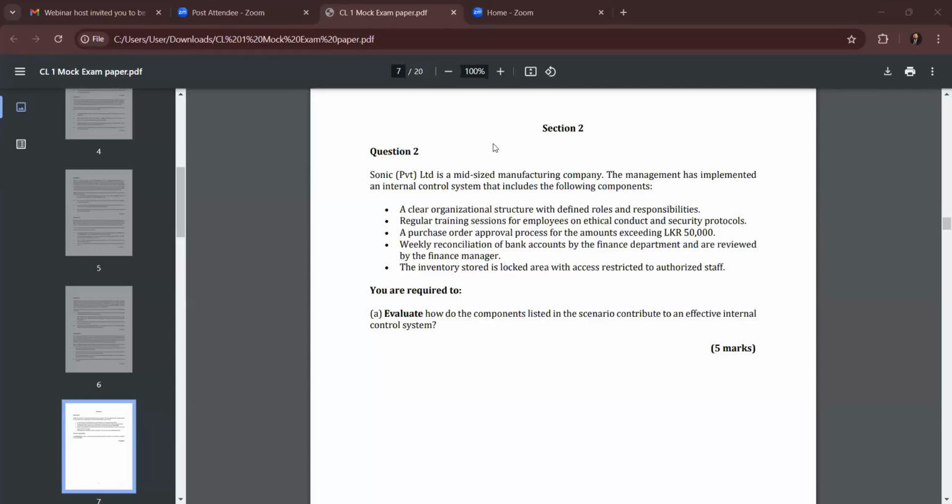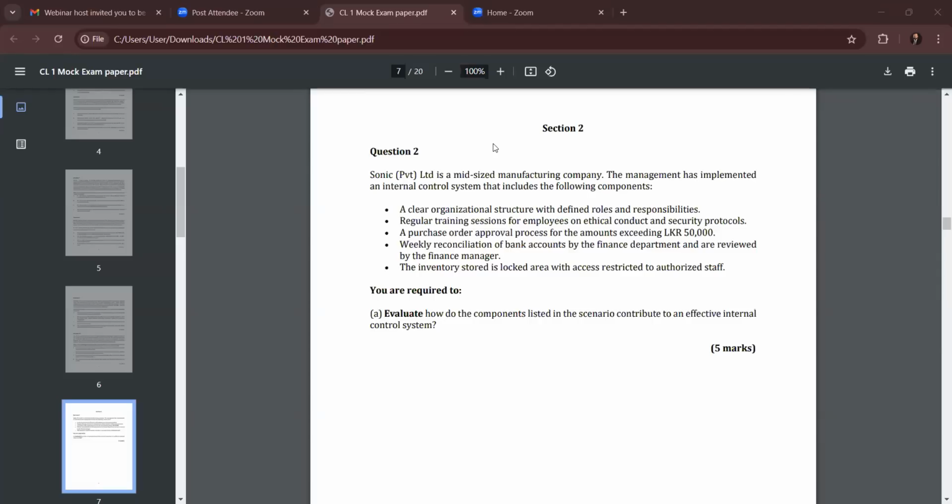The management has implemented an internal control system that includes the following components: A, a clear organizational structure with defined roles and responsibilities.